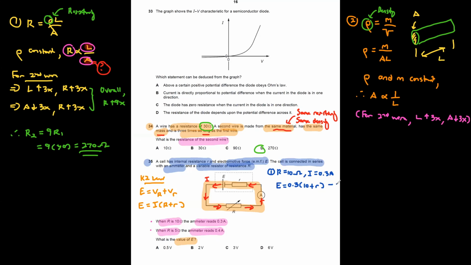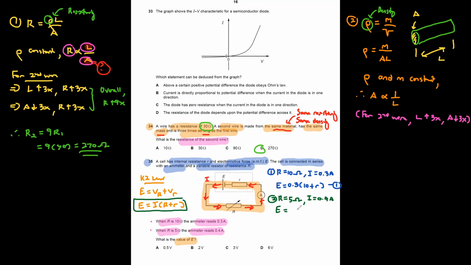This one, let's call this equation 1. And then when you look at the second situation that has been described to you, where they say when R is equal to 5 ohms, current is actually 0.4 amps. So the original equation from Kirchhoff's second law was this. You just sub in your values.